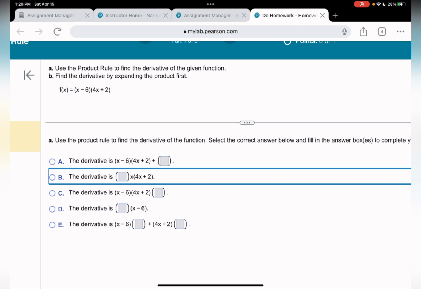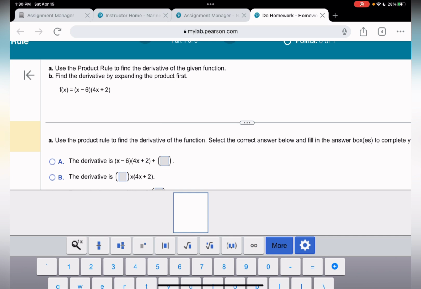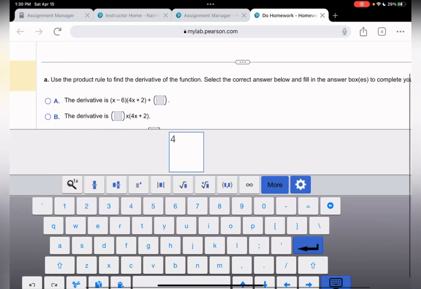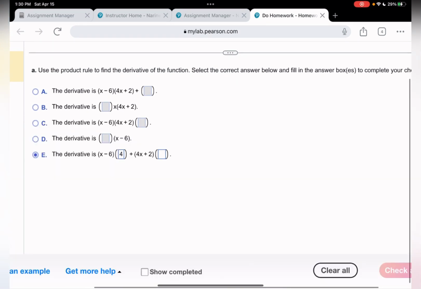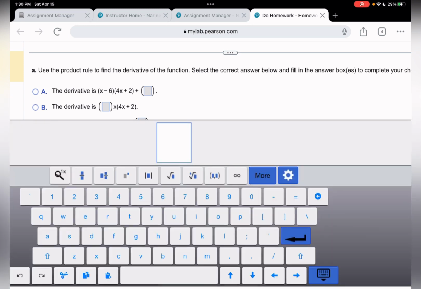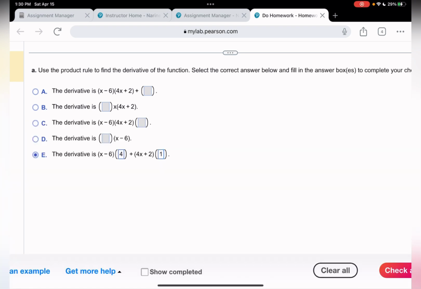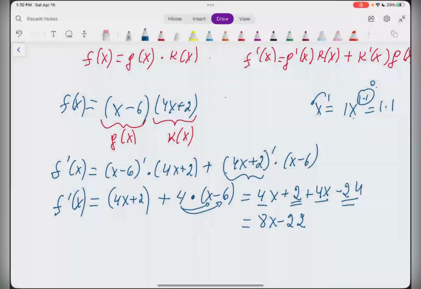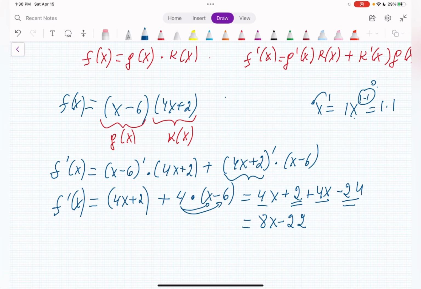It's not B. Seems to me it's E. So it's going to be x minus 6 times 4. And 4x plus 2 here is going to be 1. I'll tell you which one I entered. This is the answer. I'm entering this one.